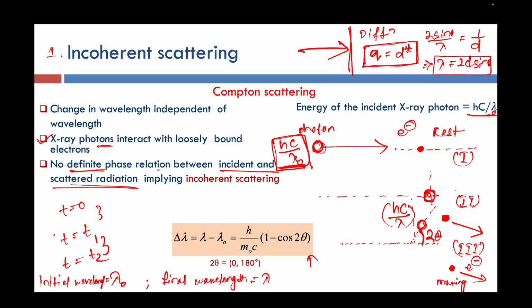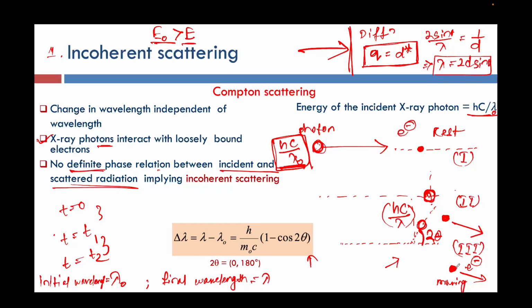Since E naught will be greater than E, why? Because E naught is the incident energy that my photon was coming with, and E is the amount of energy my photon is carrying in the third stage after giving some energy to my electron.